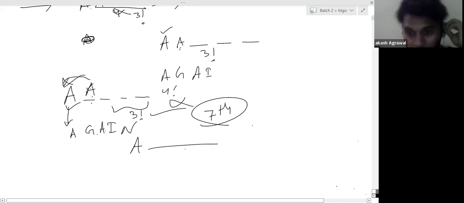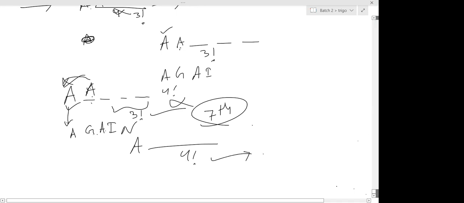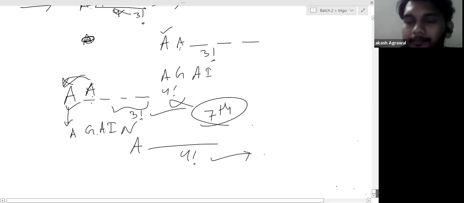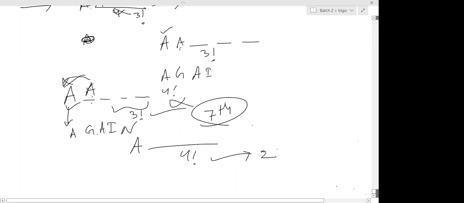How many? Yes, now this will be 4 factorial, right? Rahman, absolutely right. All right, so 4 factorial. Rahman, what is the answer of 4 factorial? 24.